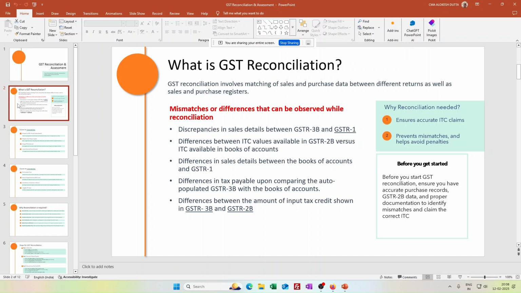So, reconciliation means comparing or matching the sales figure, purchase figure, amount paid figure, turnover figure with the GST return, quarterly or monthly, whatever the case may be.